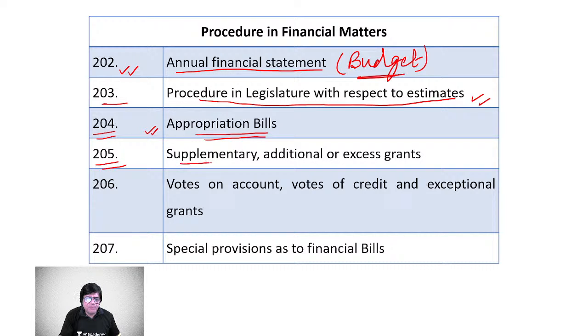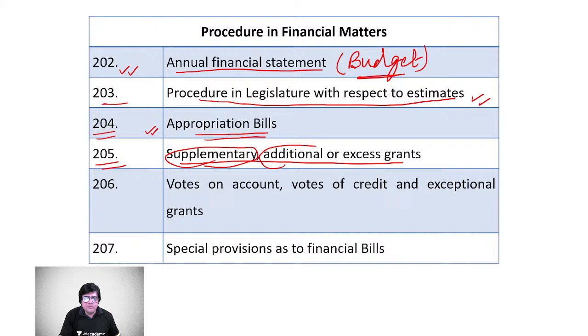Article 205 talks about supplementary, additional or excess grants. Now these are financial terms. When a grant is supplementary, it means that it is supplementing the existing grant. In other words, it is meant for the same purpose, but when extra amounts are required for that particular purpose, then supplementary grants are moved.